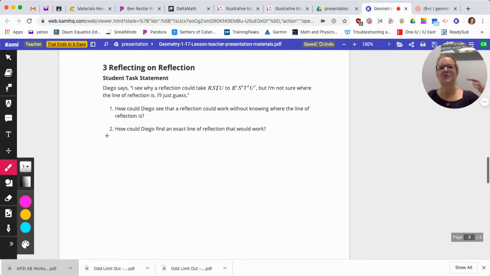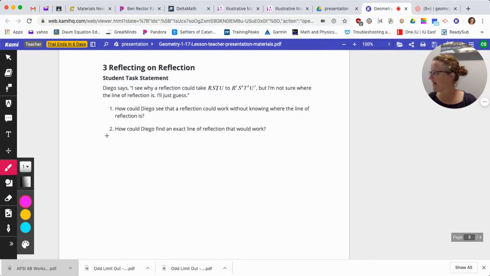And last but not least, reflecting on reflections. Diego says, I see why a reflection could take RSTU to R prime, S prime, T prime, U prime, but I'm not sure where the line of reflection is. I'll just guess. How could Diego see that a reflection could work without knowing where the line of reflection is?